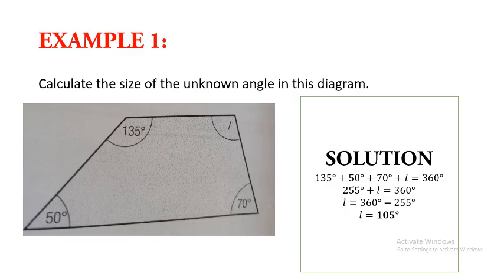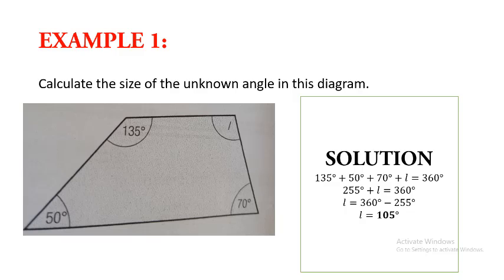Now let us focus on the solution. We are saying 135 degrees plus 50 degrees plus 70 degrees plus L is equal to 360 degrees. If we add 135, 50 and 70, we find that the answer is 255 degrees. So 255 degrees plus L is equal to 360 degrees. To find the value of L, we are going to move 255 degrees from the left hand side to the right hand side.